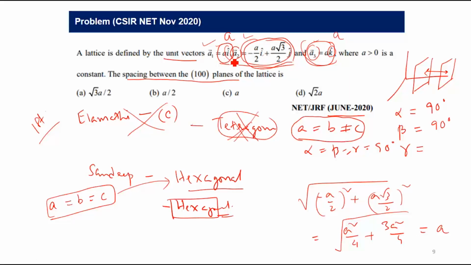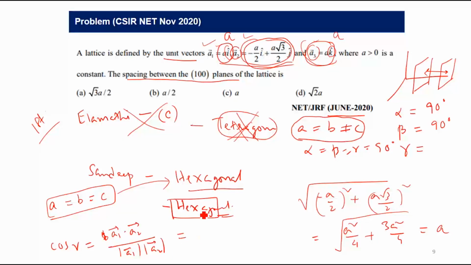So cos of gamma is equal to A1 dot A2 divided by mod A1 mod A2.